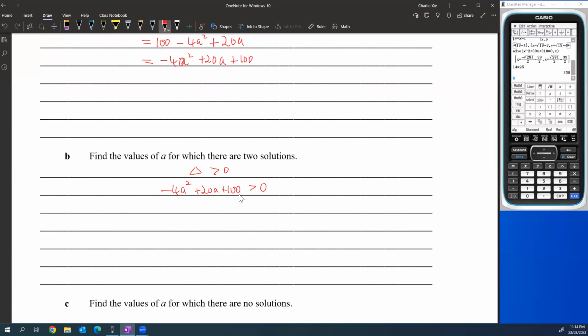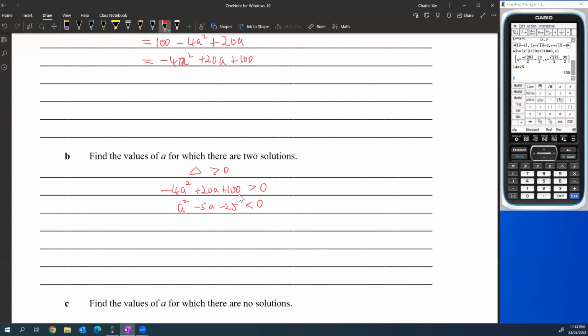What about dividing by negative 4 for everything? So this becomes a squared, 20 divided by negative 4 would be negative 5, 100 divided by negative 4 would be negative 25, and 0 divided by negative 4 is 0. With an inequality, when dividing by a negative number you have to flip the inequality sign.